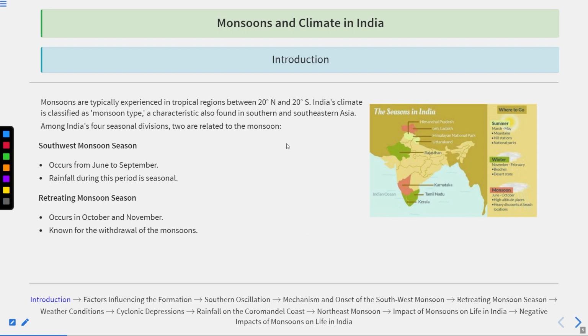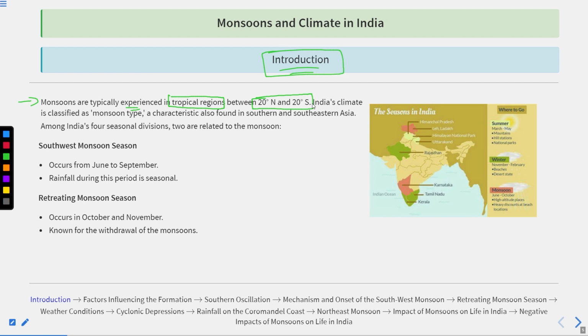Okay. Now, first would be the introduction part. If we talk about the introduction of monsoon, monsoon as a season is typically experienced in the tropical regions of the globe, the regions that lie between 20° north latitude and 20° south latitude.